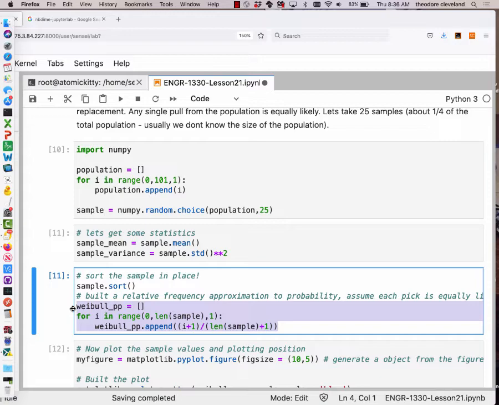where on this axis we're going to have Weibull plotting position, and there are other plotting position formulas, and it's simply based on the order of the number. And so we rank the results, we rank those 25 balls that we get out, and we say that any number that we got was equally likely from whatever the underlying population is.